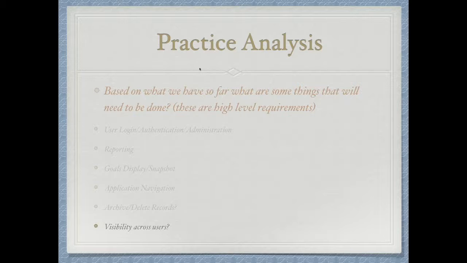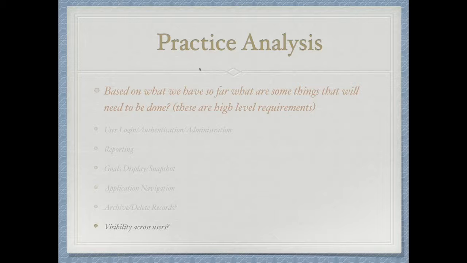Now, visibility across users brings up a whole other set of use cases. For example, are your goals going to be team-based? Are you going to have groups? This is where you have to look at whether that solves our big problem.